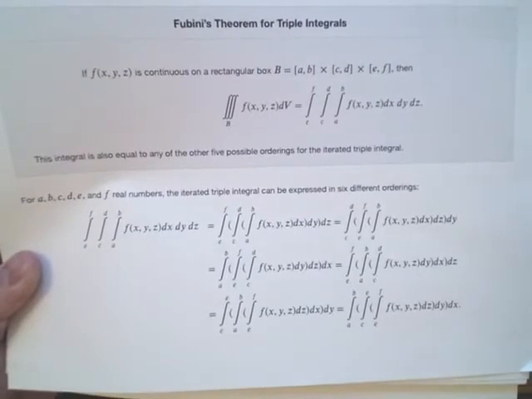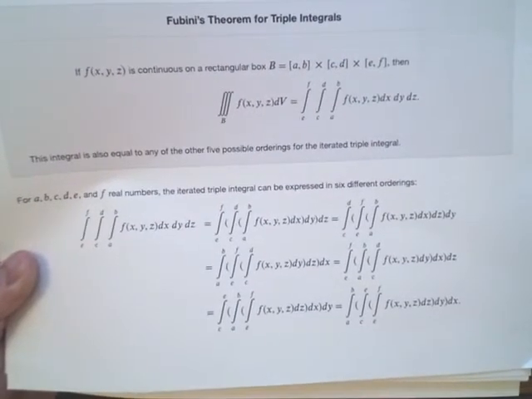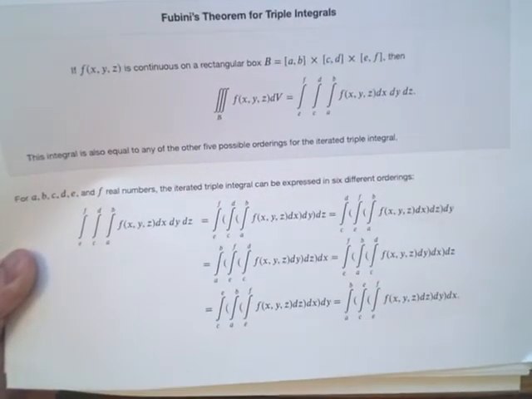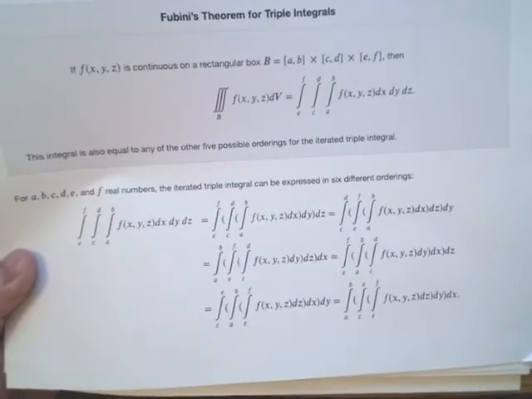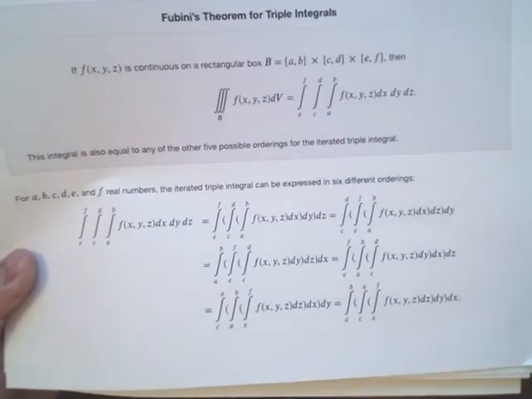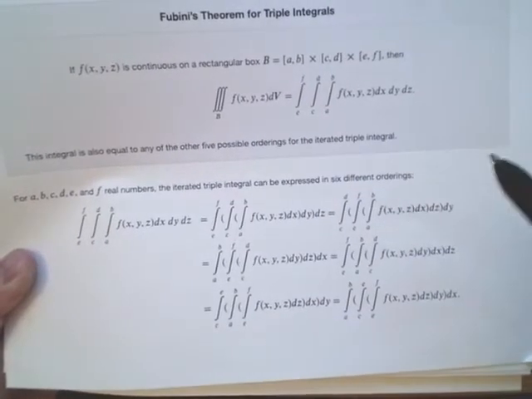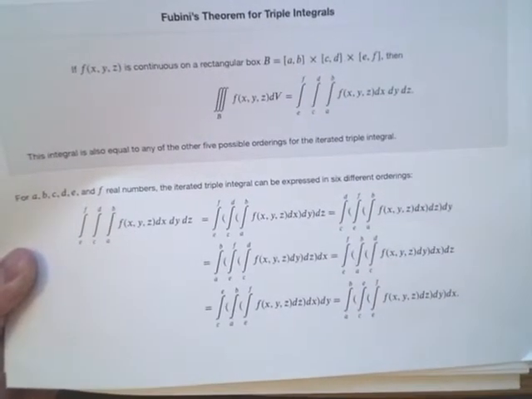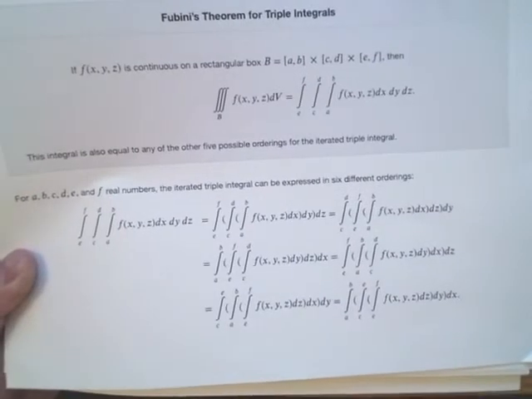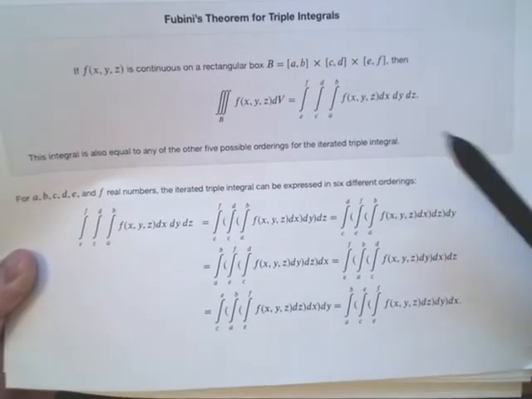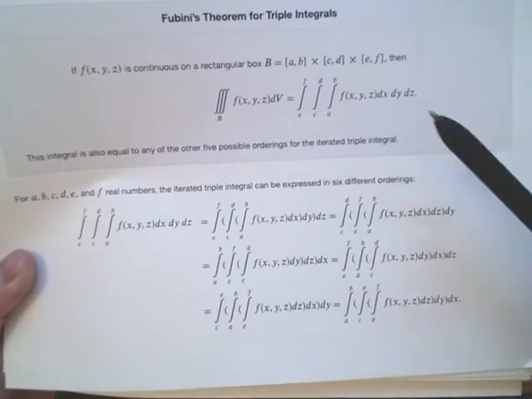What about this though? Consider with double integrals, there were two different ways, even over a rectangle, to write the order of integration, because you could integrate with respect to x first, then with respect to y, or vice versa. Now if I'm dealing with three dimensions, I've got dx, dy, dz.